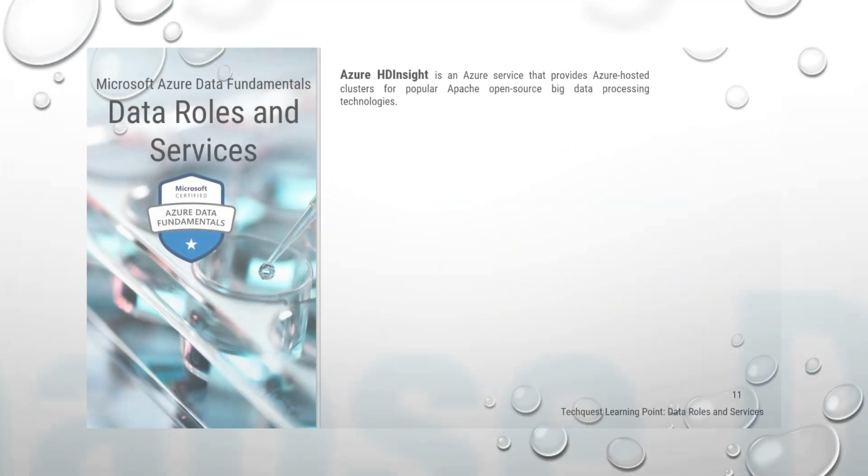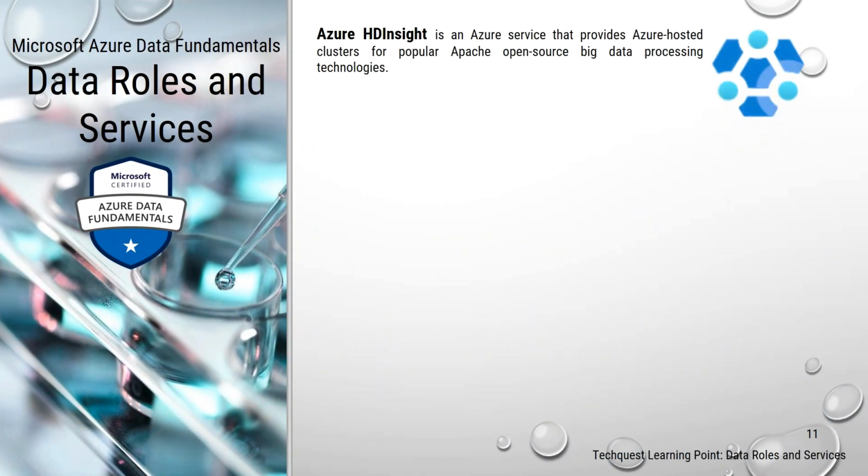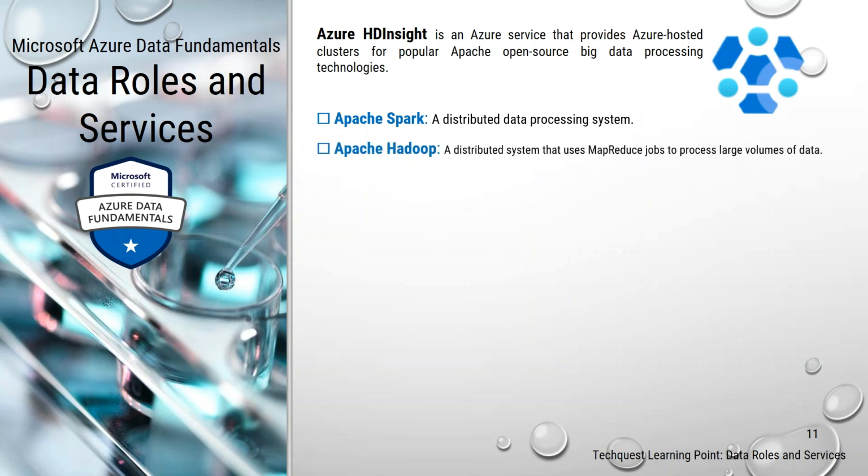Azure HDInsight is an Azure service that provides Azure-hosted clusters for popular Apache open source big data processing technologies, including Apache Spark, a distributed data processing system that supports multiple programming languages and APIs, including Java, Scala, Python, and SQL. Apache Hadoop, a distributed system that uses MapReduce jobs to process large volumes of data efficiently across multiple cluster nodes.